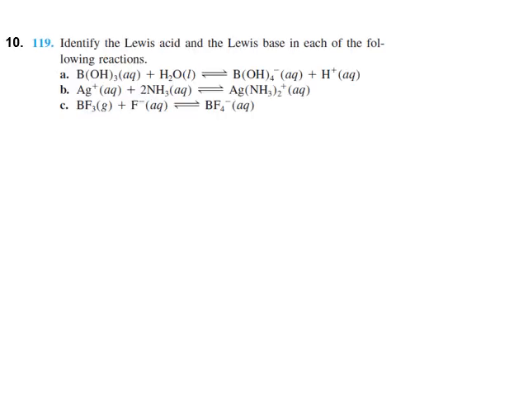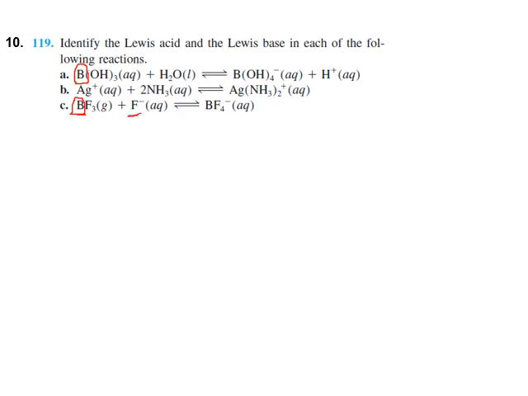The Lewis acid and Lewis base, whenever you've got boron, as I said before, remember an acid is a proton donor or an electron acceptor, so B will always be the answer for your Lewis acid. So here that's going to be the Lewis acid. So for A and C it's easy, right? It's just the thing that has the B in it is going to be your Lewis acid.